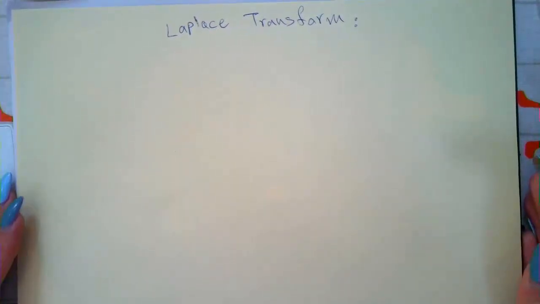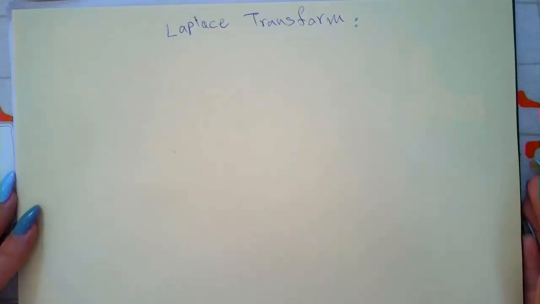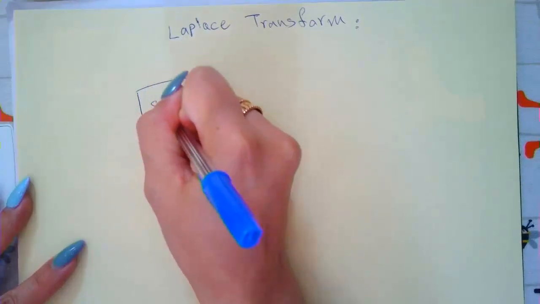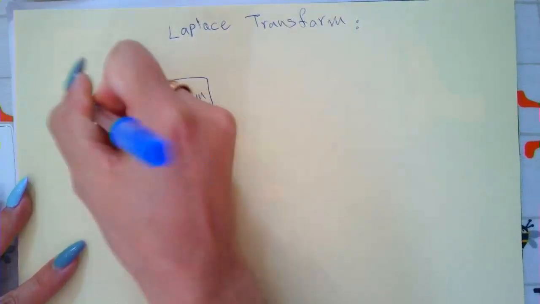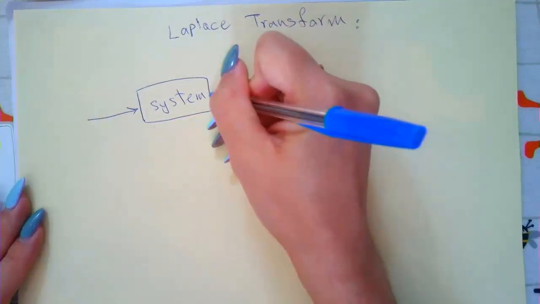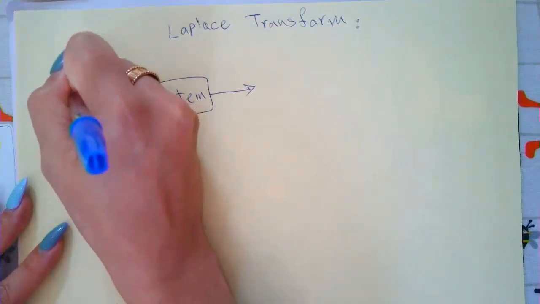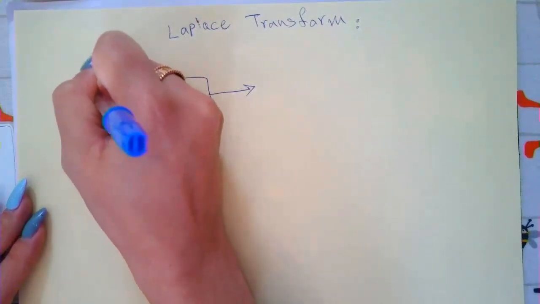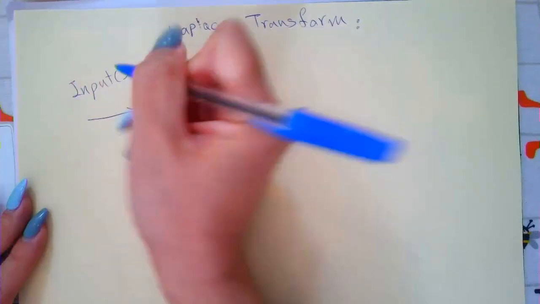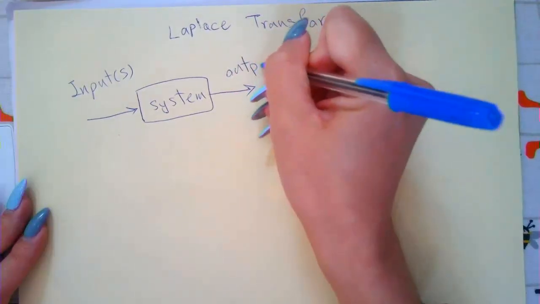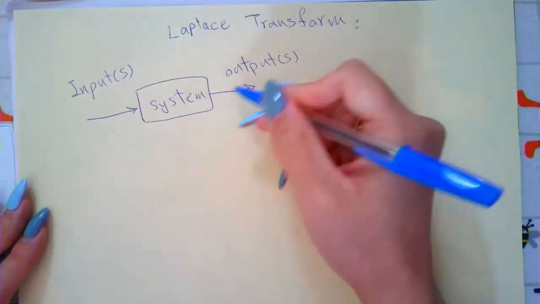So far, everything that we discussed and explored was looking at systems from a time perspective. When we were looking at a system, and often I describe a system as a black box that we can put on top of a complicated system, we look at what kind of input or inputs are passed through that system, and what kind of output or outputs are expected from that system.